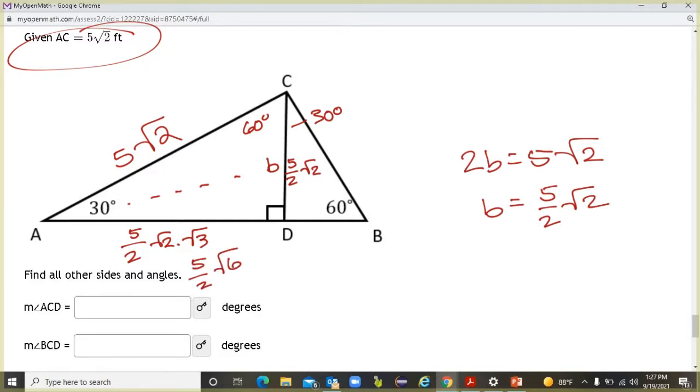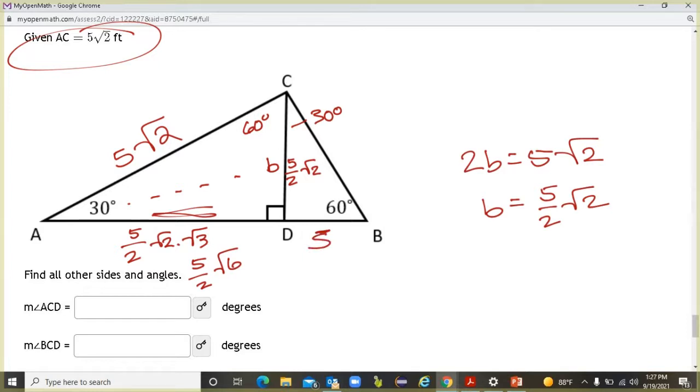Okay, so now we've got this side. And then for this one, you can do the same kind of thing. This is the short side right here. So let's call him, I don't know, how about S for short? I guess he's called DB, but whatever.